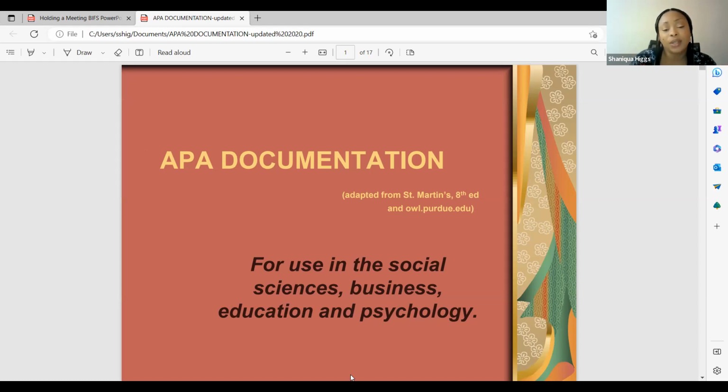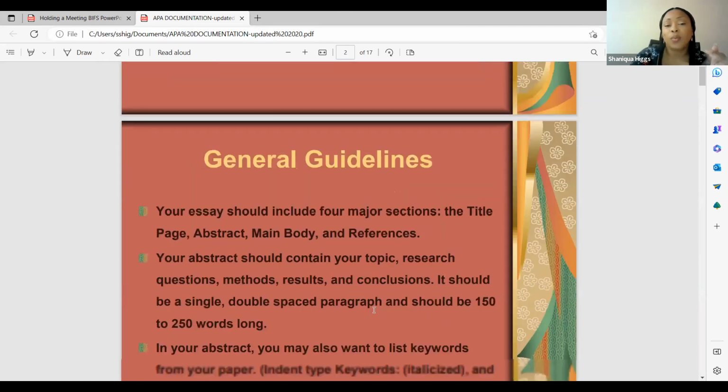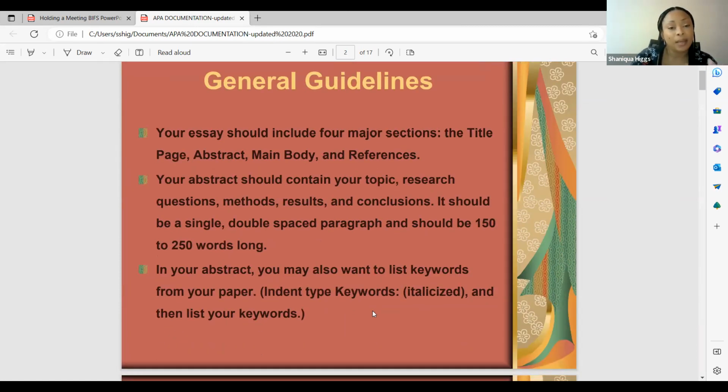Even though, as I said, you're not doing research per se in this class, there are instances where you may, in a business setting or for business communication, draw on somebody else's work in your report. And so I want to just explain what APA documentation is and what it requires of you.